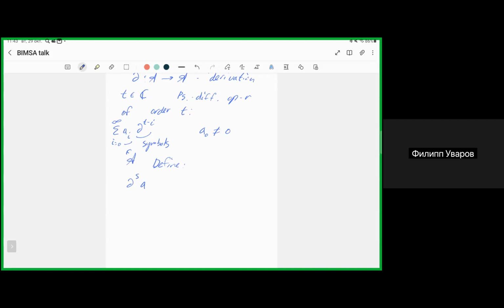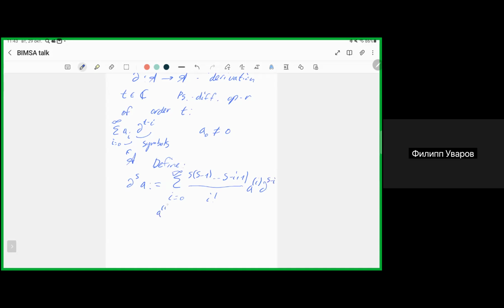Then I can multiply this as series. So I just define that this is the following element: sum of s(s-1)...(s-i+1) over i factorial, i from 0 to infinity, and here I have a_i d^(s-i).